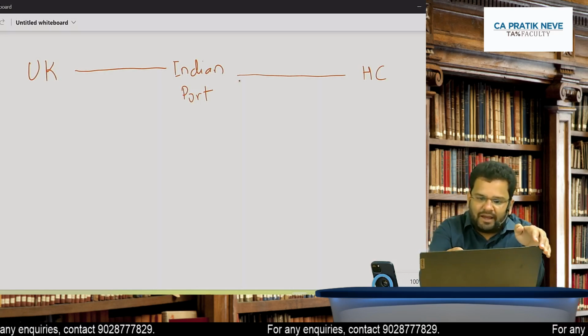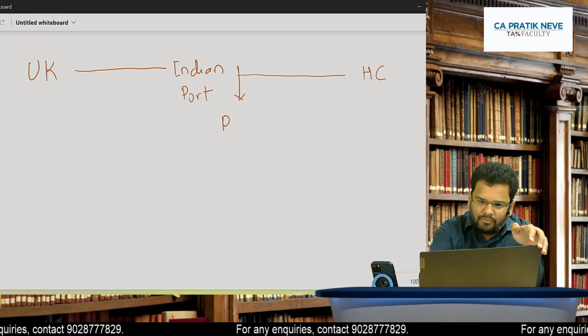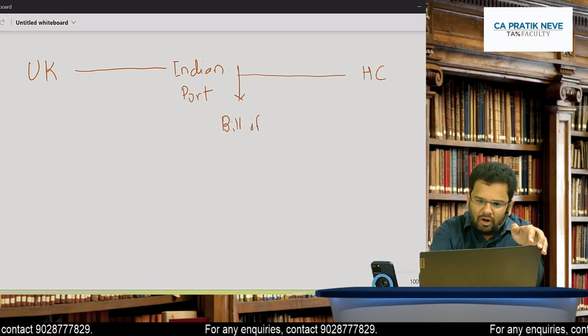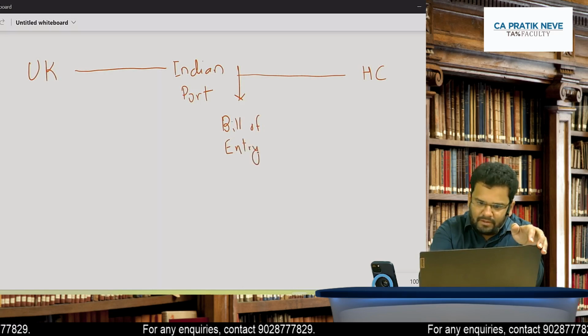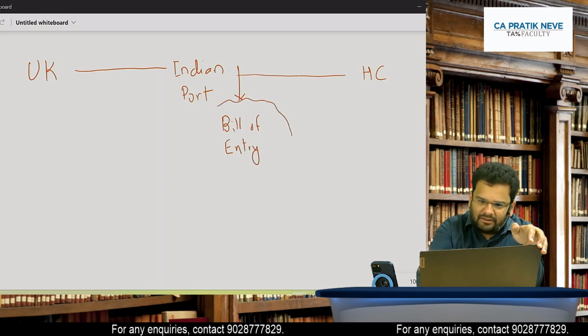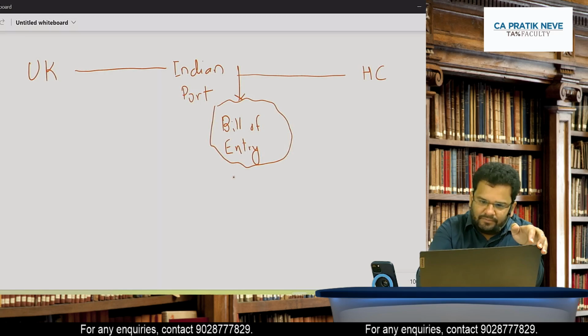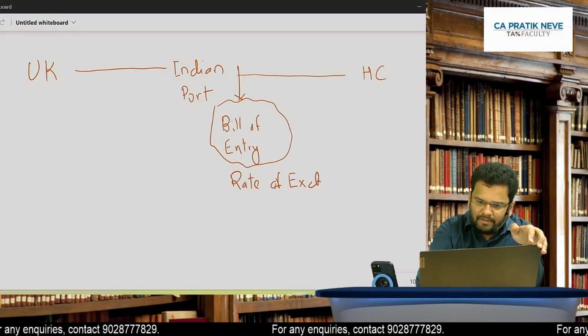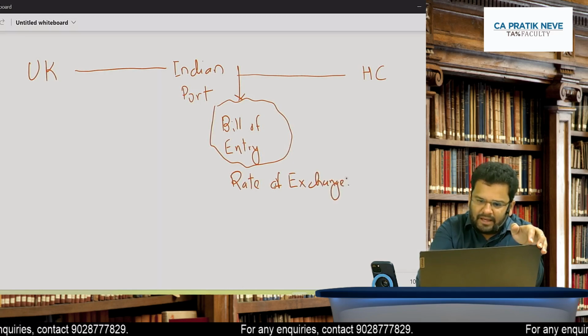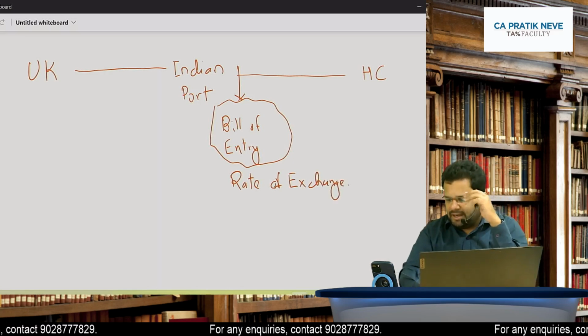Here I file bill of entry as on this date. As on this date I should take rate of exchange. Agreed? Ketki agreed?